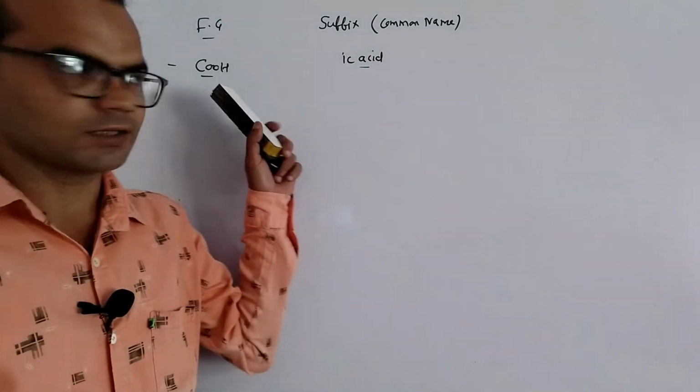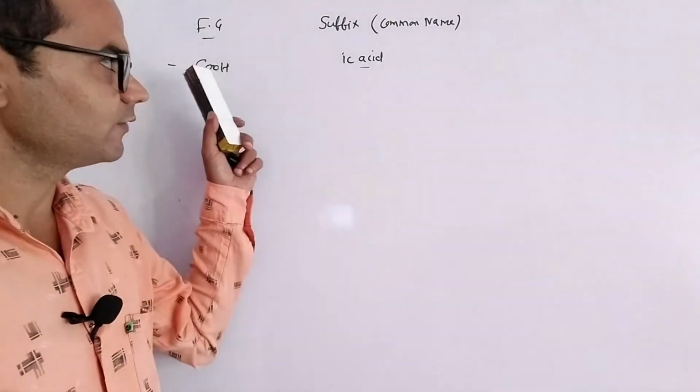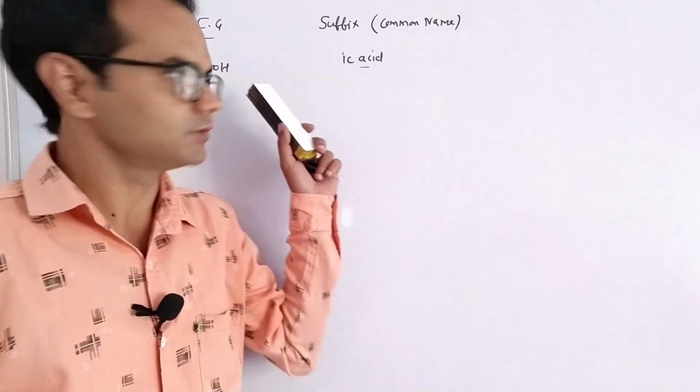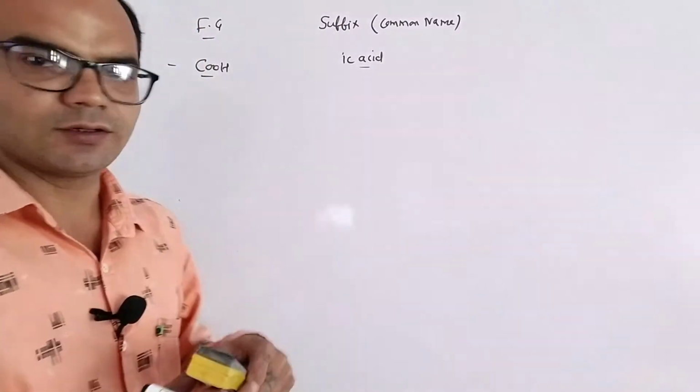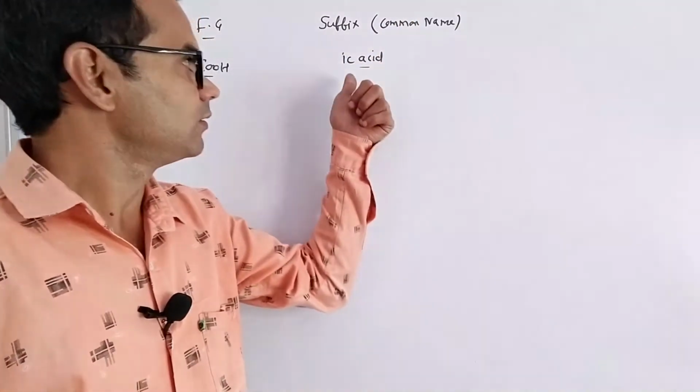If we have the functional group carboxylic acid, COOH, as we know from 10th standard, its IUPAC suffix was oic acid, but in the common name its suffix is ic acid.